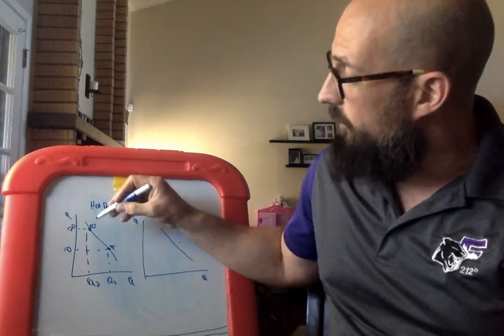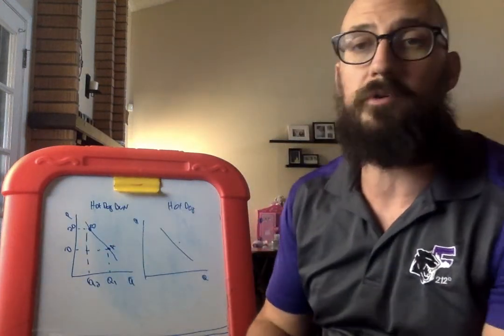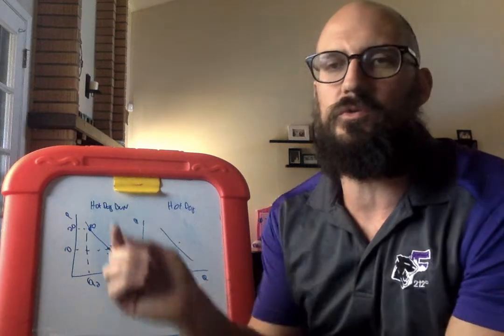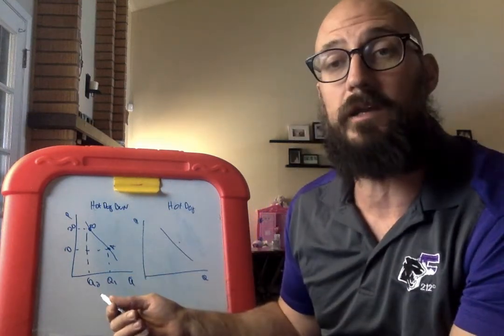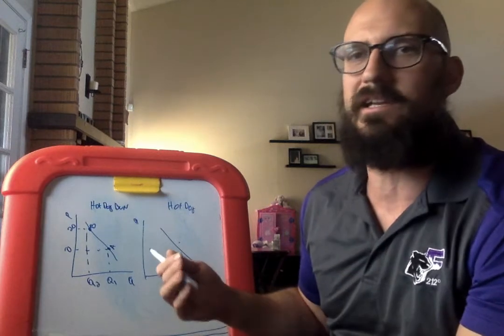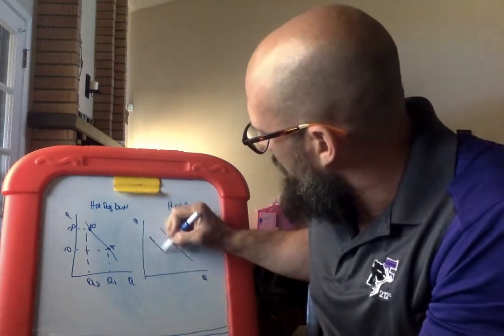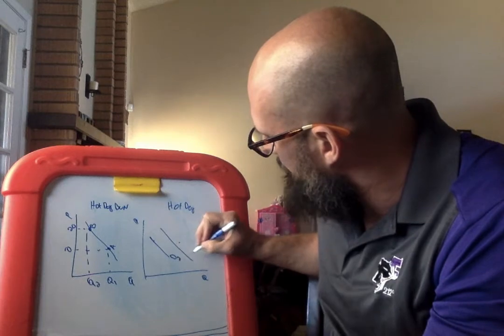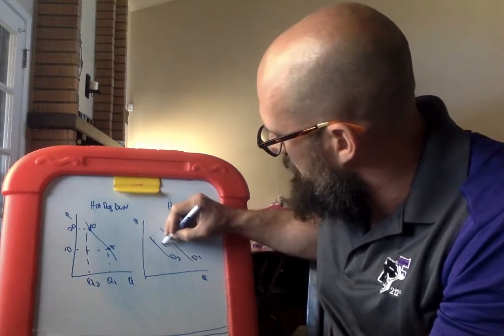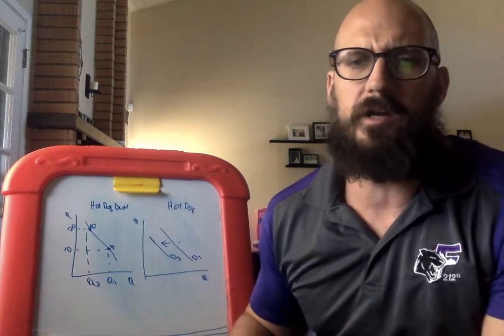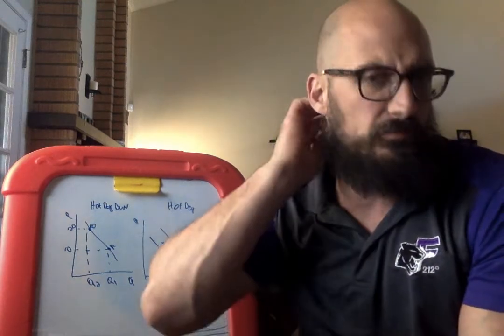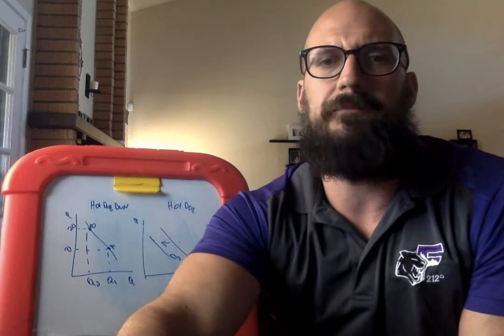So if the price for hot dog buns goes up, what's going to happen to the demand for hot dogs? Well, you have fewer people buying hot dog buns, so are they going to need hot dogs? No, they're not going to need hot dogs. So the demand for hot dogs is going to decrease, so you'd see a shift to the left, okay? And so that is the other price of related goods, okay?